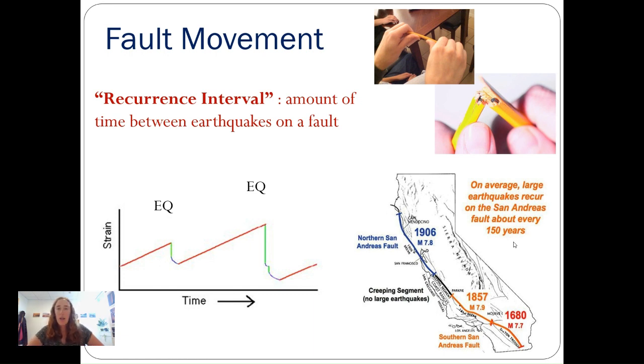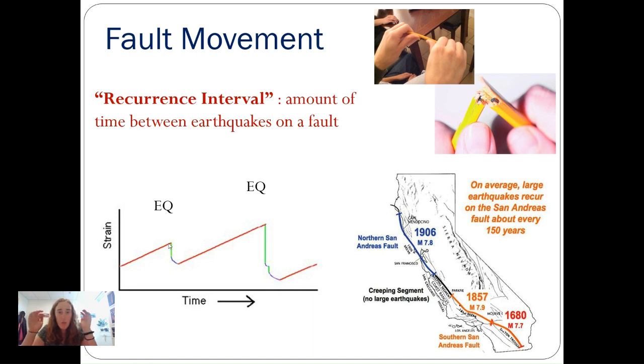So, how does this happen? How do you get an earthquake that occurs over and over and over again in the same location? The way earthquakes work is that you have time on our x-axis here, and stress or strain on the y-axis. So this is time zero. As tectonic plates are moving, they're building up strain, stress, and pressure over time.